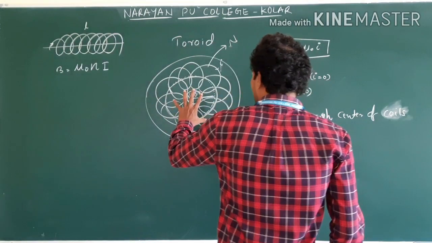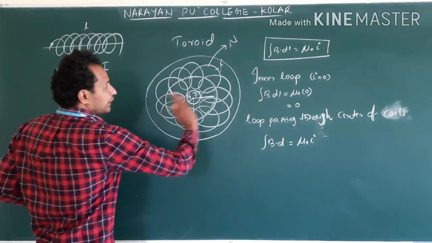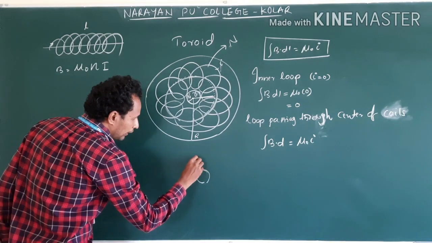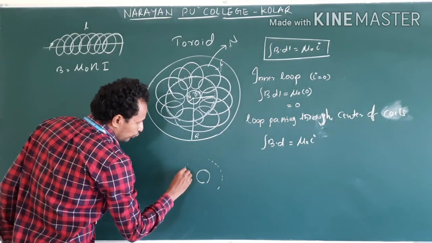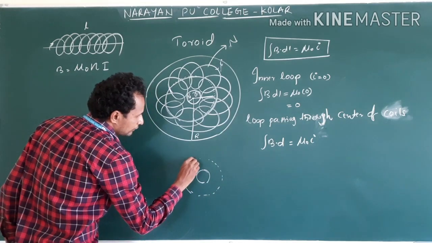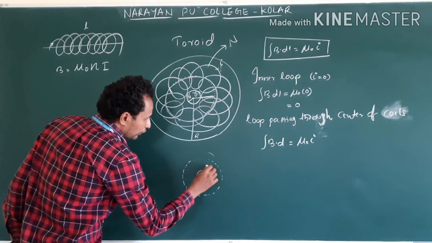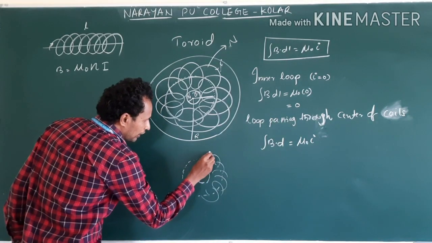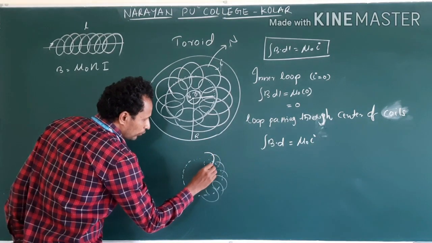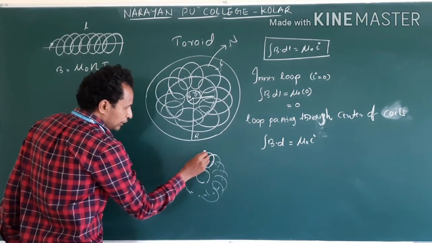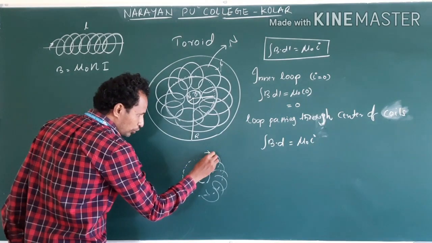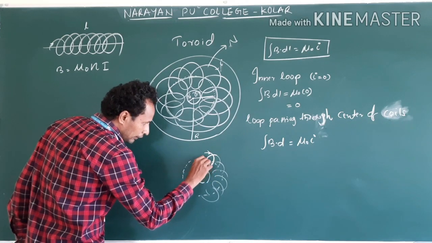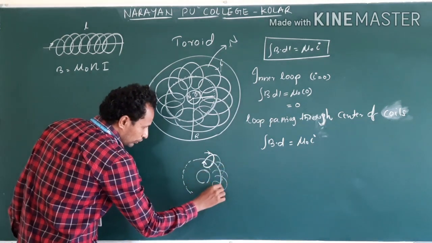Clear? Now this I am drawing here as a cross sectional view. If we cut this, clear how it appears? This is the inner loop and this is the loop passing through the coils. See, if you imagine a coil like this, what does it mean? Here I am drawing only one loop, like this. If current moves like this, this is outside and moves in, again coming out through this loop.